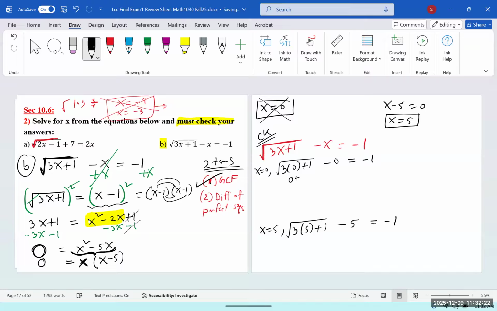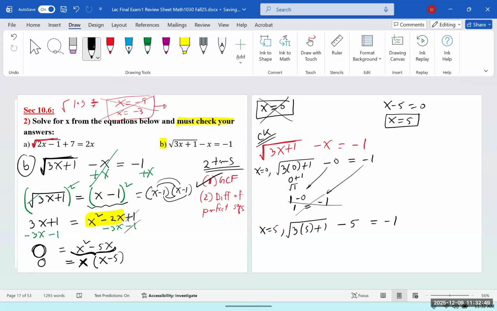So we get 0 plus 1, which is 1 under the radical. So we get 1. 1 minus 0 is 1, but on the other side we have negative 1. 1 and negative 1 are not the same. So you still don't accept x equals 0, because the left side of the equation doesn't give the same number as the right side.